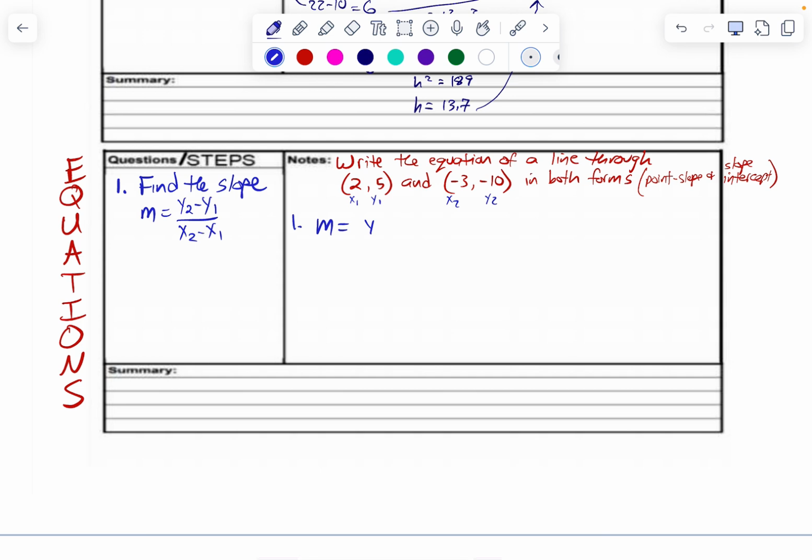Okay, so y2 minus y1 over x2 minus x1. Okay, so y2 is negative 10 minus 5. That's y1. And then x2 is negative 3 minus x1, which is negative 2, or positive 2, excuse me. Okay, this becomes negative 15 over negative 5. What is negative 15 divided by negative 5? That's just positive 3. Okay, so my slope is positive 3.